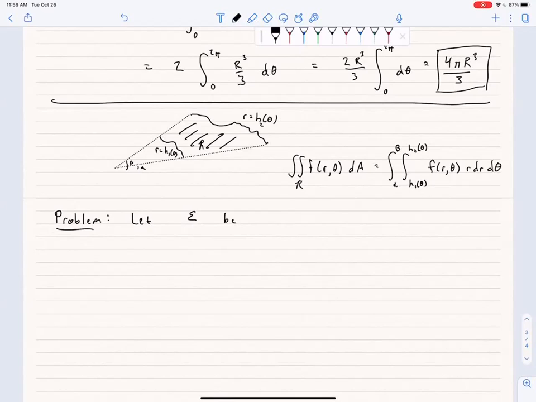Trying to make this a little more interesting. Let's say y is greater than or equal to 0, and then x squared plus y squared is less than or equal to z squared is less than or equal to y. So now find the volume of E.